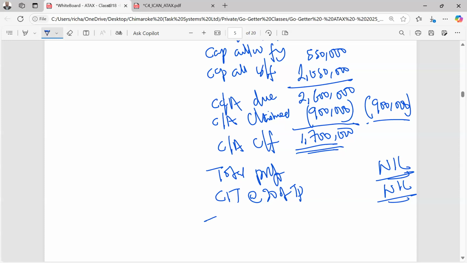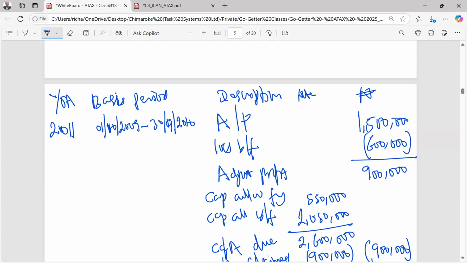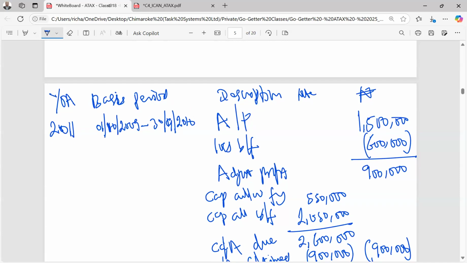Meanwhile, your tertiary education tax at 2% of adjusted profits or assessable profit. So now, this first one here is where we base our education tax. So 2% of 1,500,000.